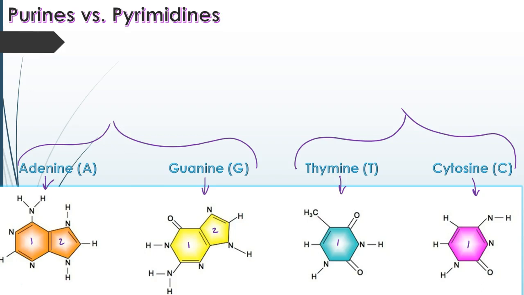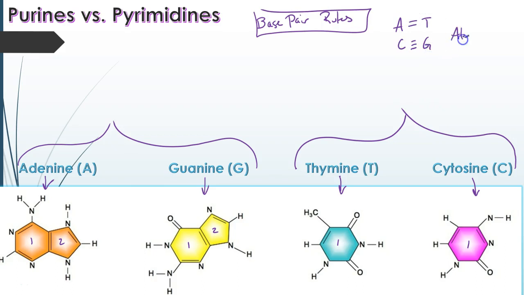Well, we need to get into base pairing rules. So what are the base pair rules? Well, the base pair rules are A pairs with T and C pairs with G. Always. Okay? When we are talking about DNA, we are always going to use these base pair rules.